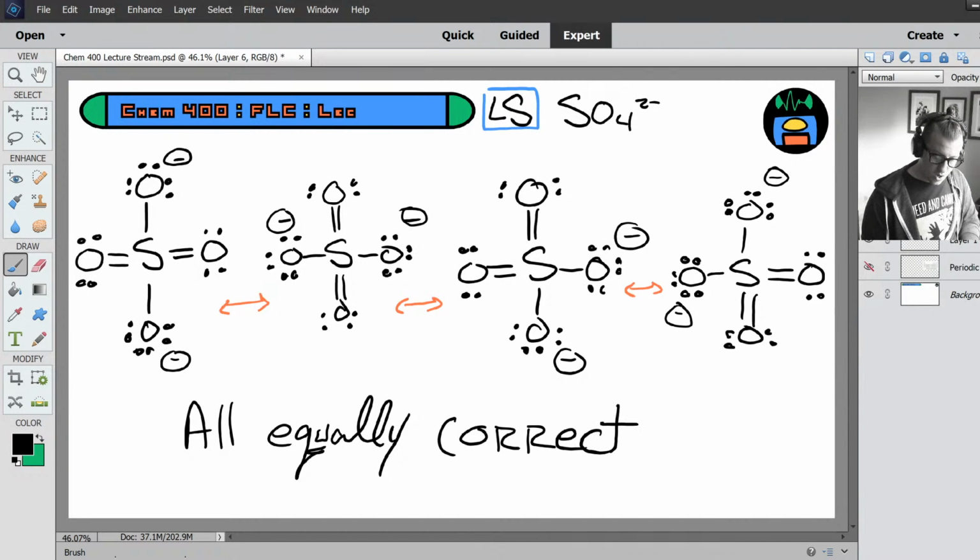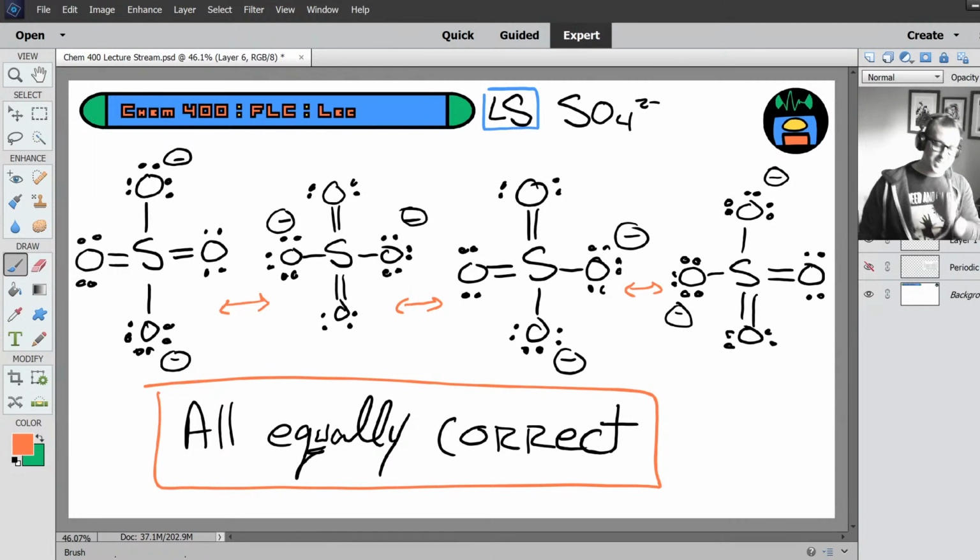All of these structures are equally correct because, remember, a Lewis structure only tells you which atoms are attached and how. Which atoms have double bonds, single bonds. Which atoms have the number of lone pairs, etc.